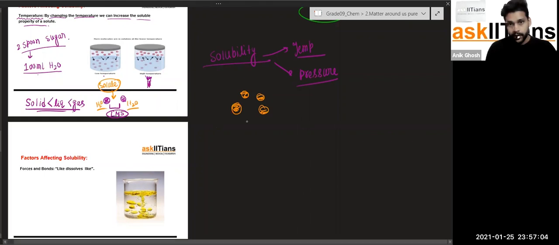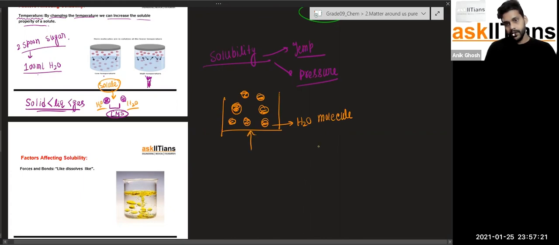If these are the molecules of water, all of them are water molecules. Now, when you are giving it some heat, heat is nothing but energy. So you are giving them energies only.